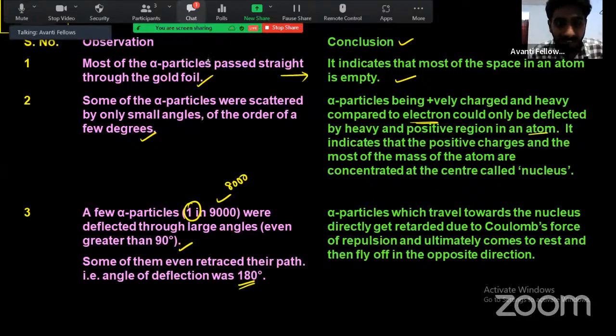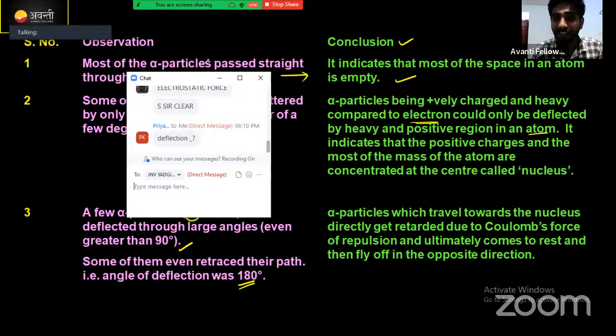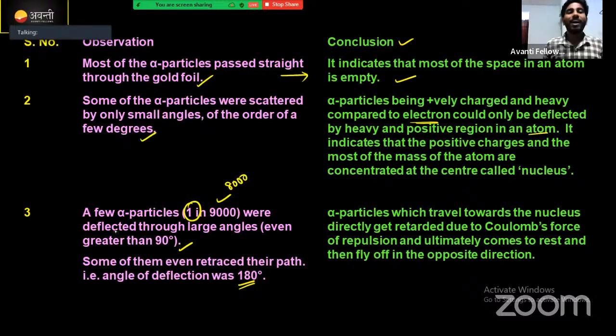Deflection: most of the alpha particles pass through the gold foil easily.